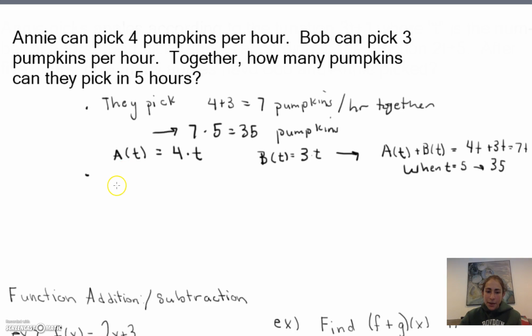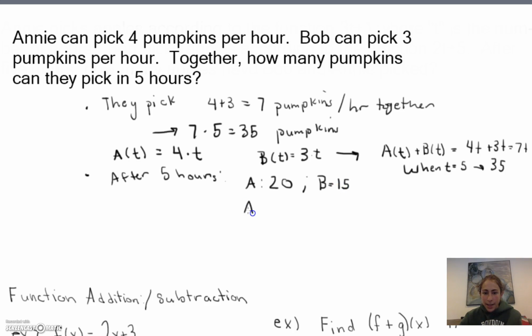Another way you could think about this is that after 5 hours, well, Annie has picked how many? She's picked 20. And Bob, he's only picked 15.